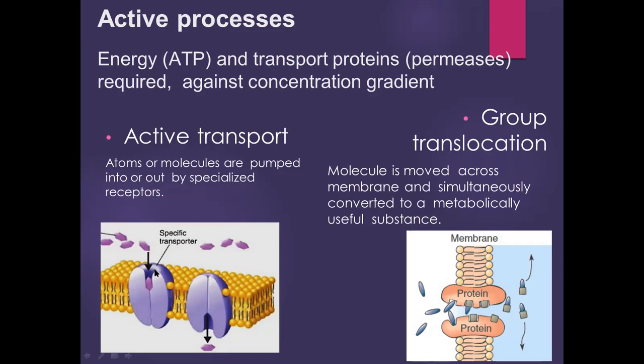Then this molecule turns 180 degrees and brings this molecule inside the bacterial cell and releases it into the cytoplasm and then returns to the previous position. Of course, these movements need the energy of ATP. And the fourth mechanism of transport in the bacterial cell is group translocation.